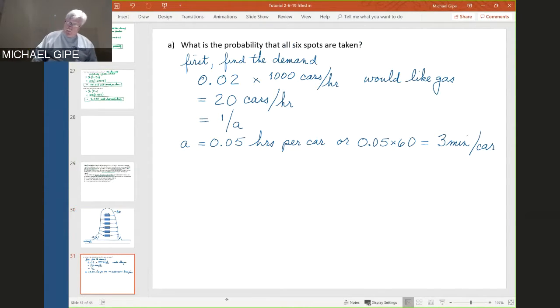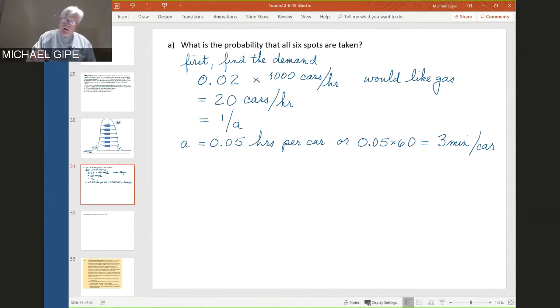Now we have to find the probability based on that. So let's find the probability of all 6 being occupied. That's this Erlang loss function. We've got m equals 6, r equals p over a, and that's the same as the utilization times the number of resources available.